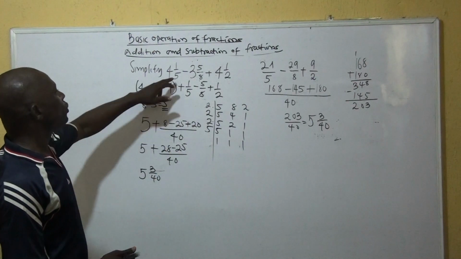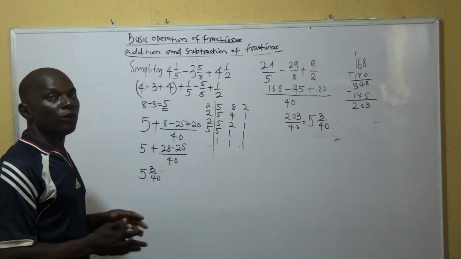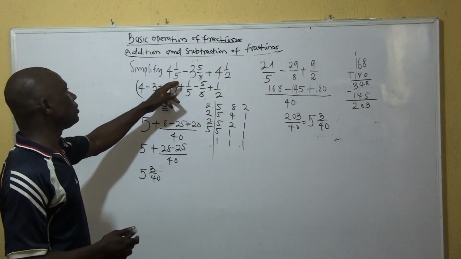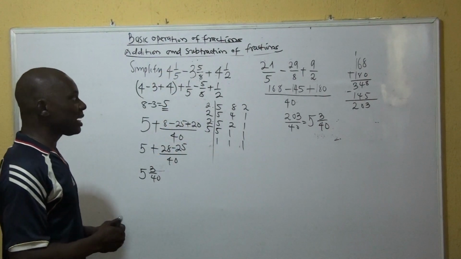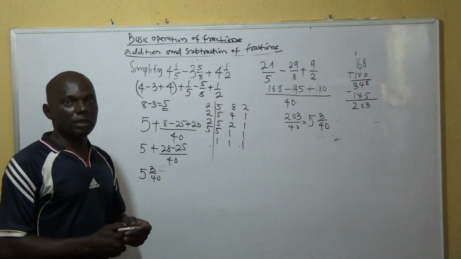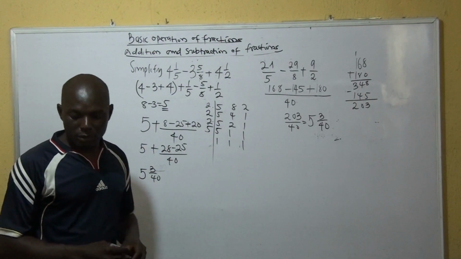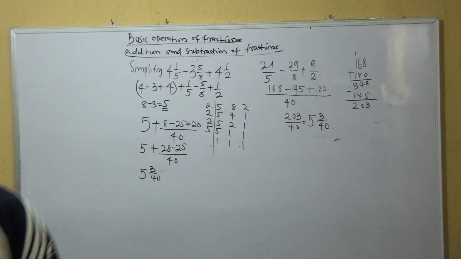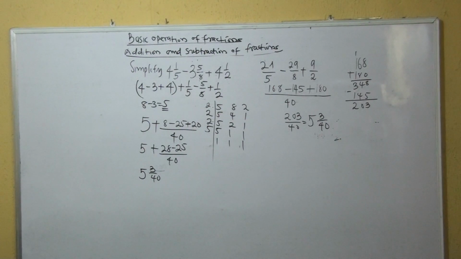Then another way is, if the numbers involved are mixed, you change them to improper fractions and carry out the necessary operations. So you see we have the same results. Right? So this is how to do addition and subtraction of fractions.